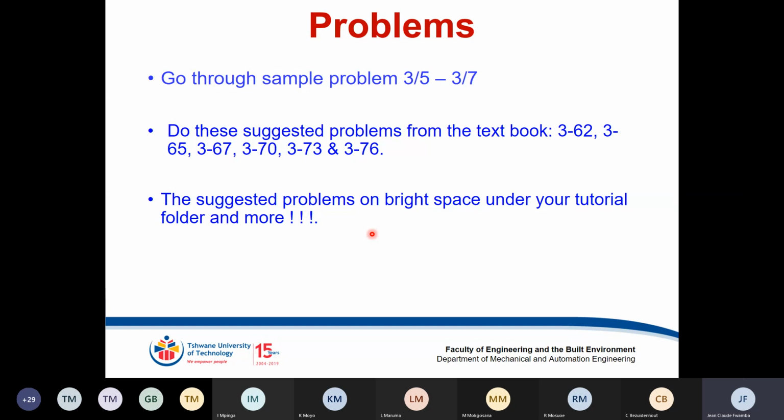If that is what you expect from us, it doesn't work that way. We are open to assist, but when you come for assistance, you need to start with, I've tried this up to this stage, I don't know how to move from this. Don't come to one of us saying, oh, I don't know anything, expecting us to do it for you. No, we need to meet each other halfway. Let's meet each other halfway.